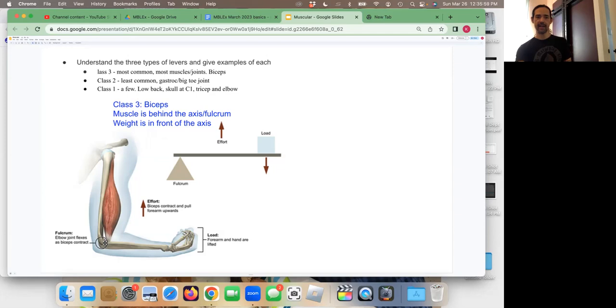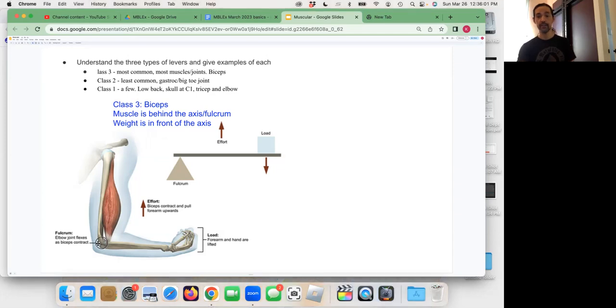If you consider that the axis or the fulcrum is the joint, here the elbow joint, and consider that the muscle provides effort and force, right? Then you can see that the setup of a class 3 lever is with the axis at the end and the muscle in front of the axis and the weight in front of the muscle, or at the other end.